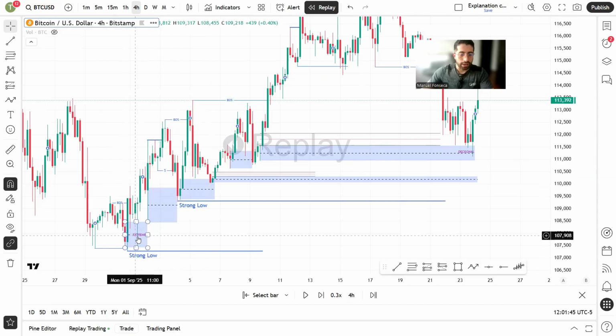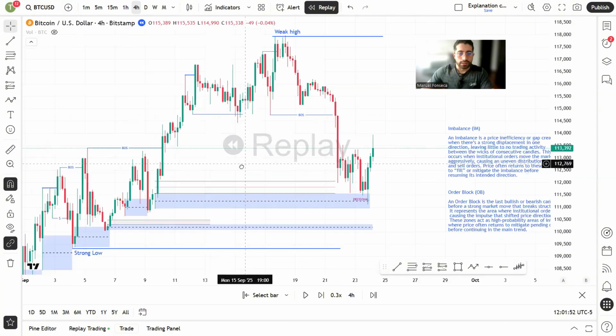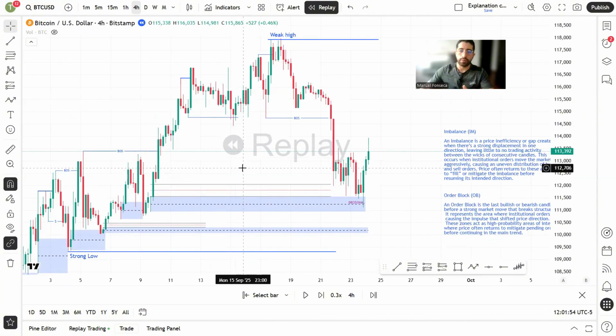Understand that, for example, it reacted in an order block here as well, and here it is reacting to an imbalance. And I want you to see this. So you can put your examples here, and we can start creating a community for feedback and so on, right? So my piece of advice: make at least 10 to 20 examples of imbalances and order blocks. Train your mind on difficult things like this, okay?